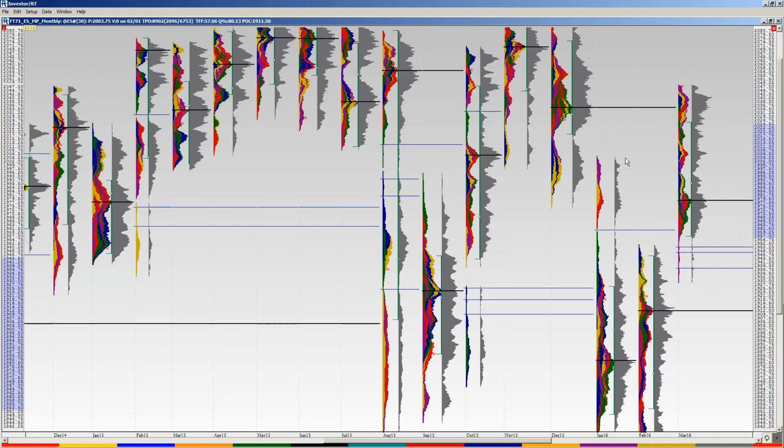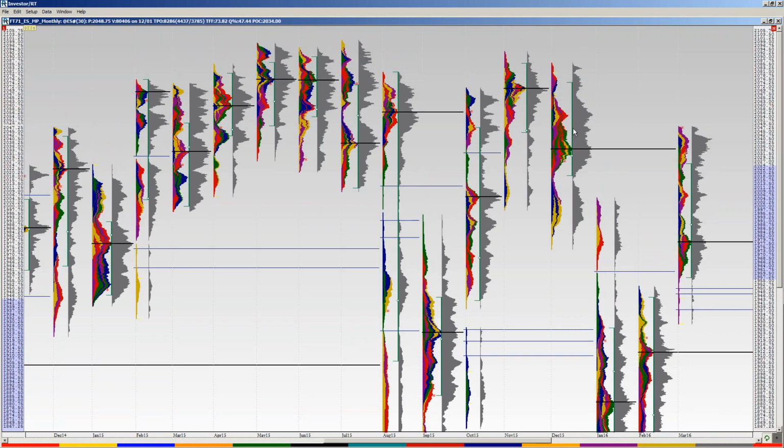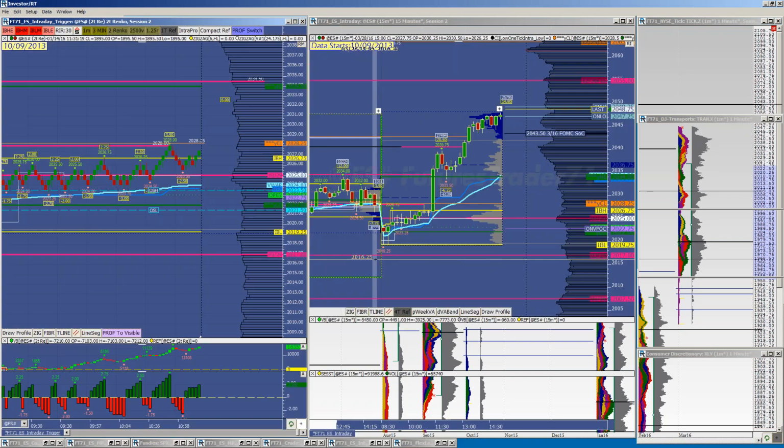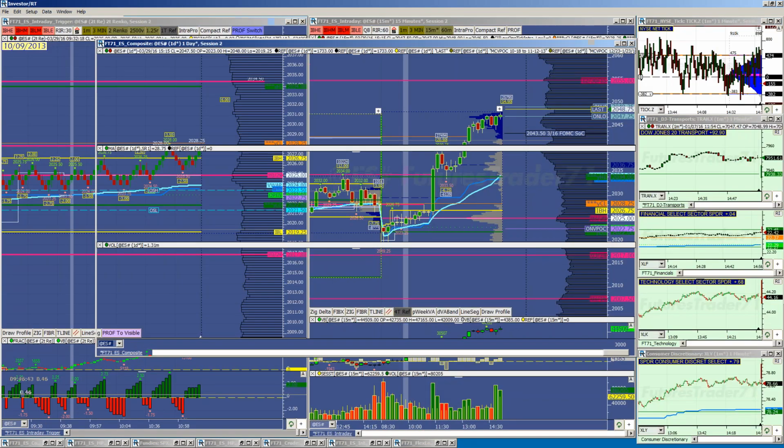And now March has broken higher through what January did, and so the strength is on the buy side, and we are now pushing into this high volume area, very thick area of the profile at 2040, which was the key level for today, and so I get a big picture view of what the market's doing overall. Then I look at the daily.